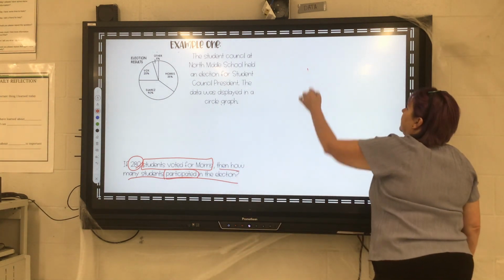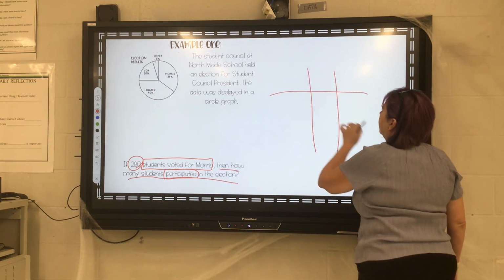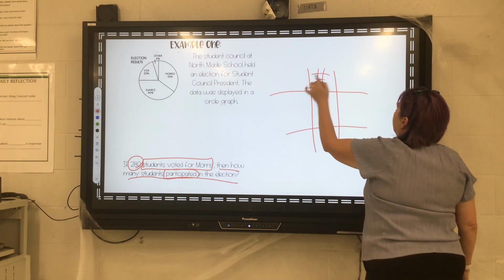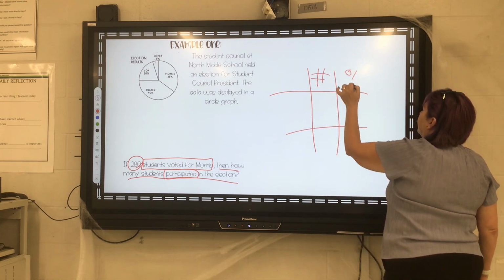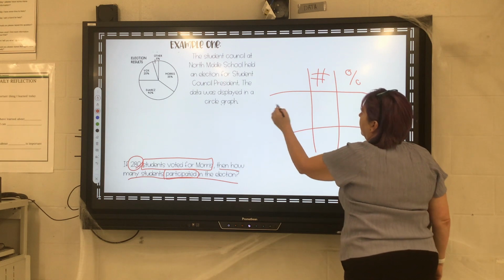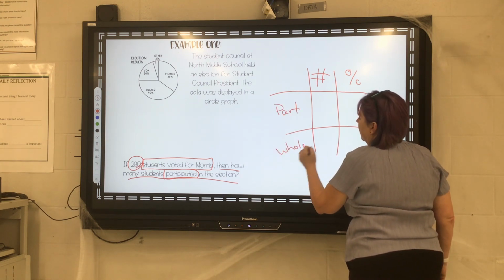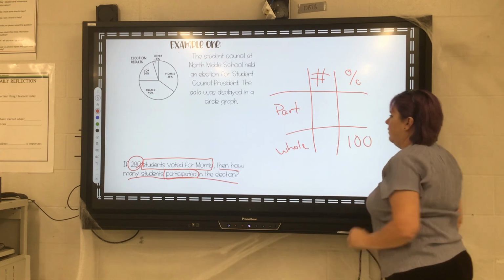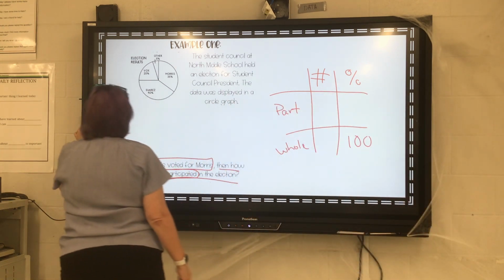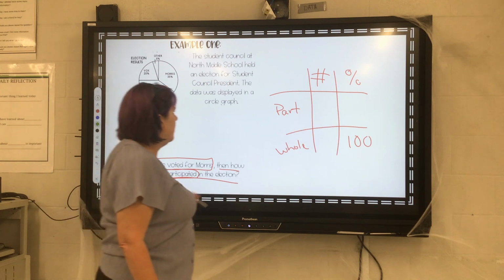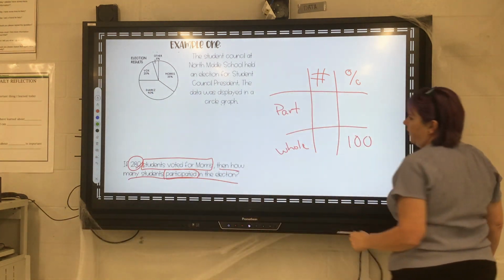Okay, so once again, we're going to set up our tic-tac-toe board, number and percent, part of a whole, and our 100% always goes there. Now we need to set up the rest of our information.